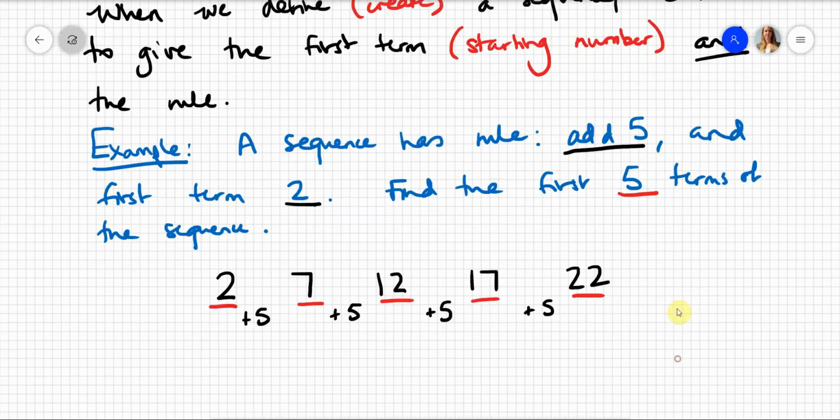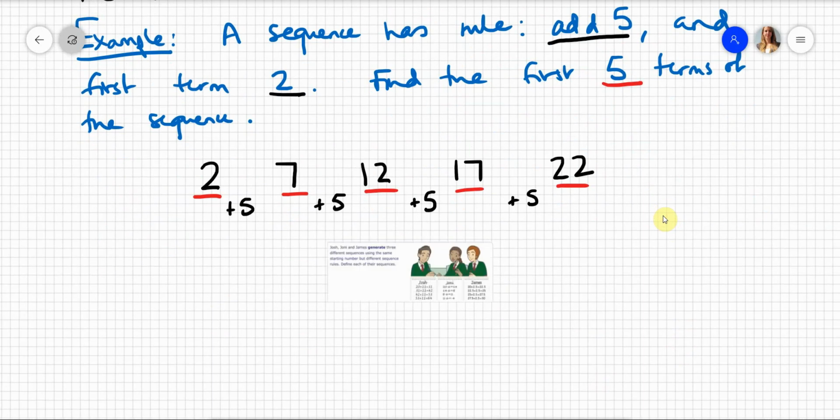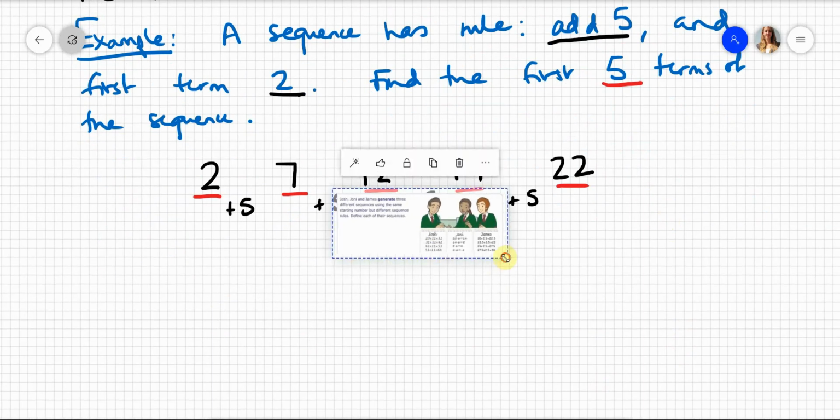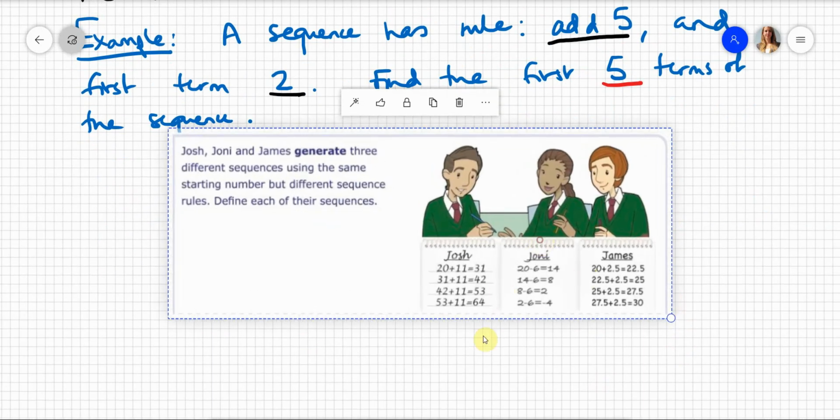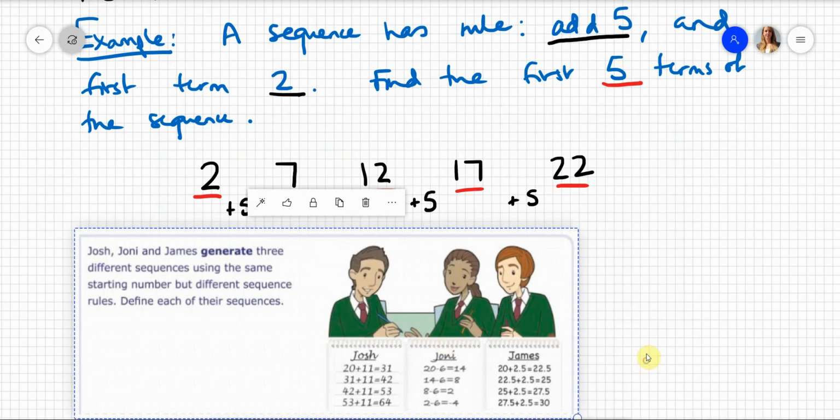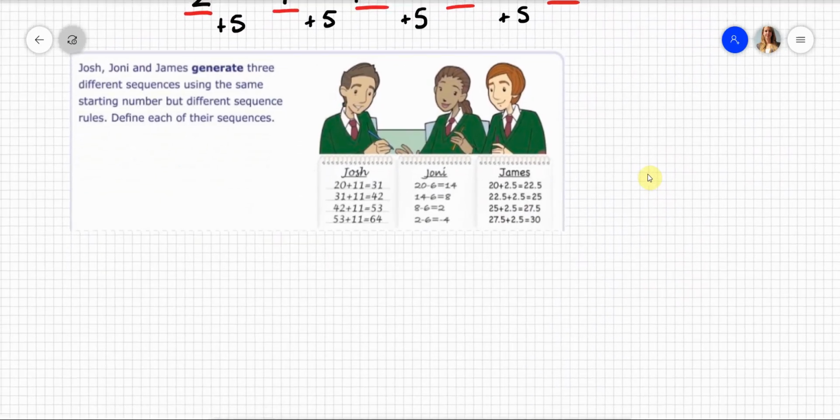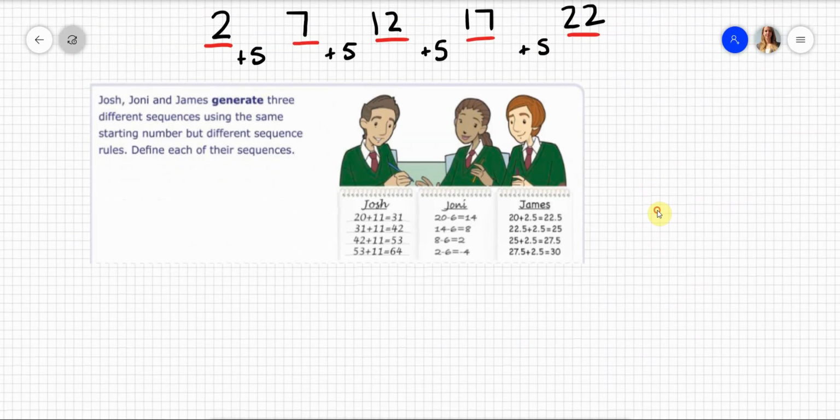Okay, so let's do another example. If I'm ever going too fast, just pause the video and then you can copy that down and then press play again. So, another example here.